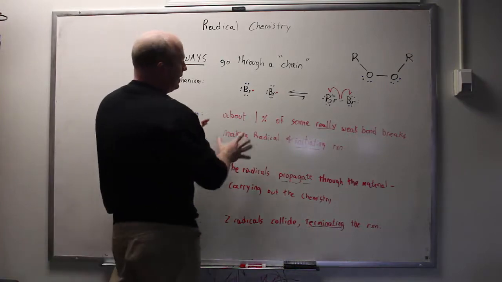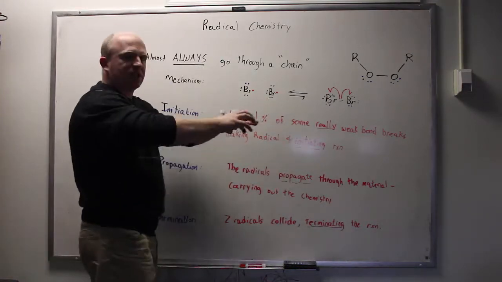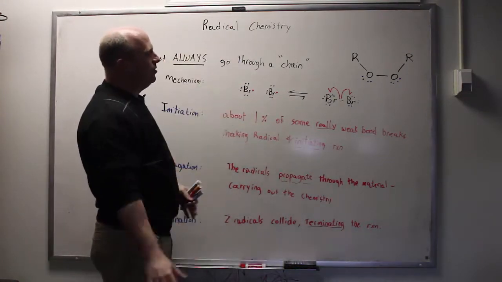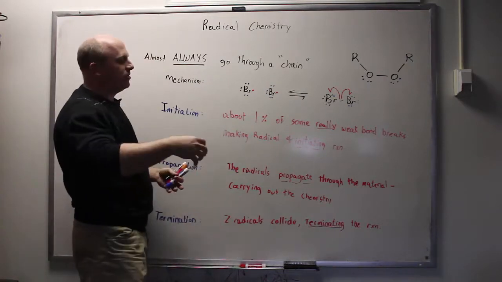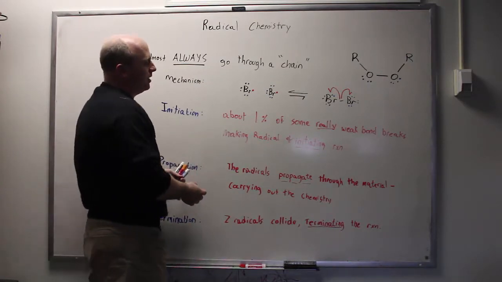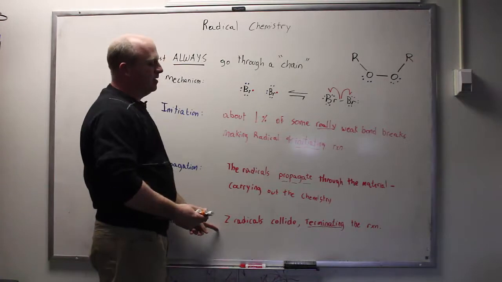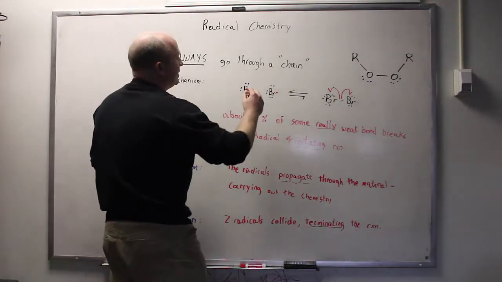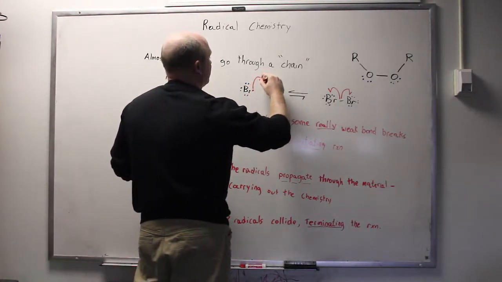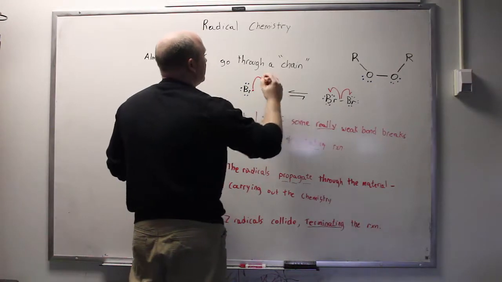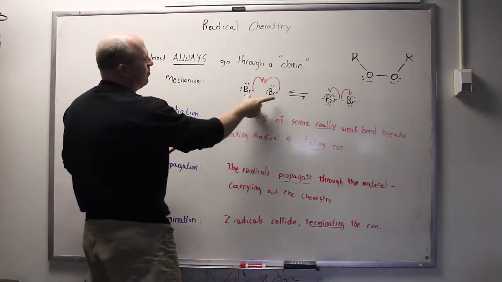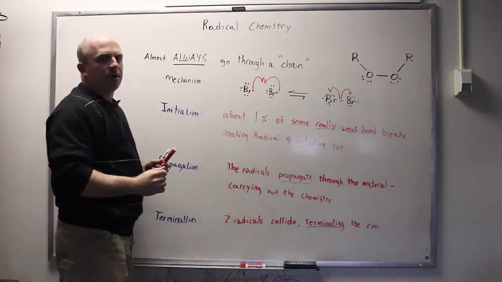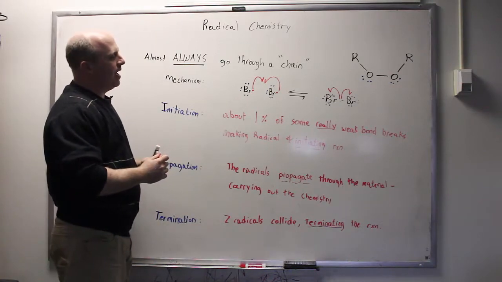And so more than likely what happens is once you form these radicals, they spin off in different directions and go do other chemistry. They encounter other molecules, rip electrons off of those molecules, and continue to react. But eventually what can happen is that these 2 radicals can encounter each other, and if that happens, the result of bringing those 2 radicals together is that you reform the bromine-bromine bond that you had in the first place.